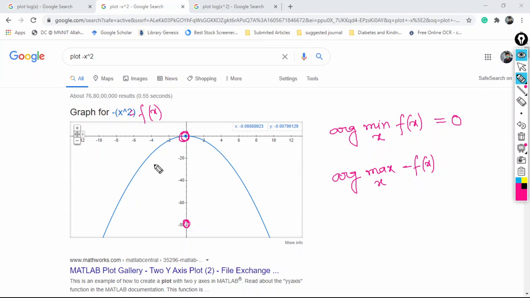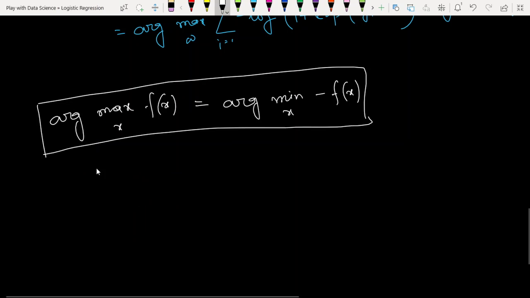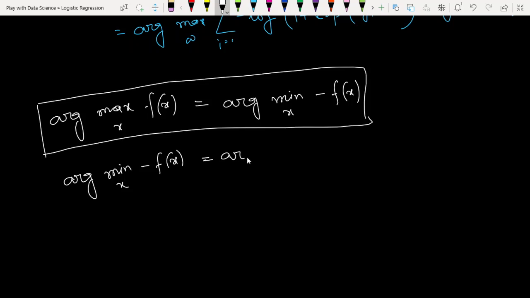Similarly, we can write it as arg min of minus f of x is equal to arg max of f of x. Sorry, here if you apply it, no problem.